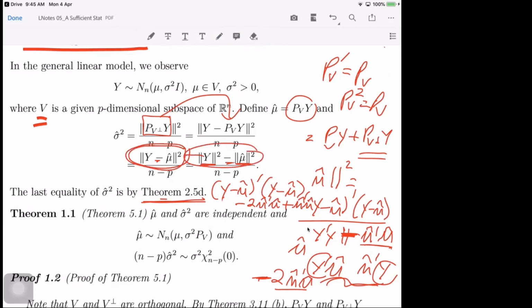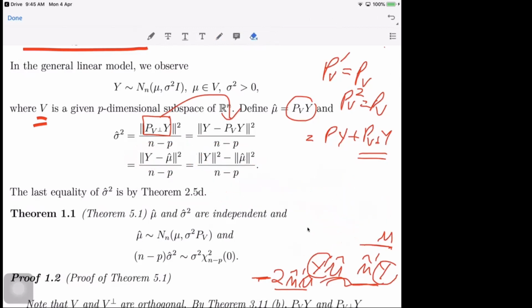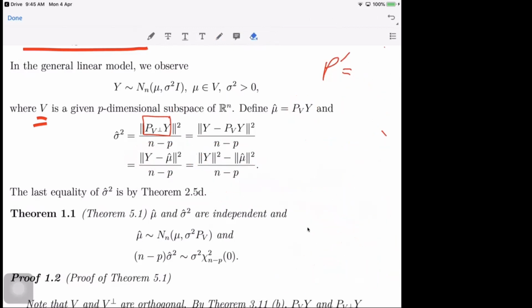So the first theorem in chapter 5 is that the projection of y onto V, or mu hat, and sigma hat square are independent, and the distribution of mu hat and n minus p sigma hat square is central chi-square distributed.